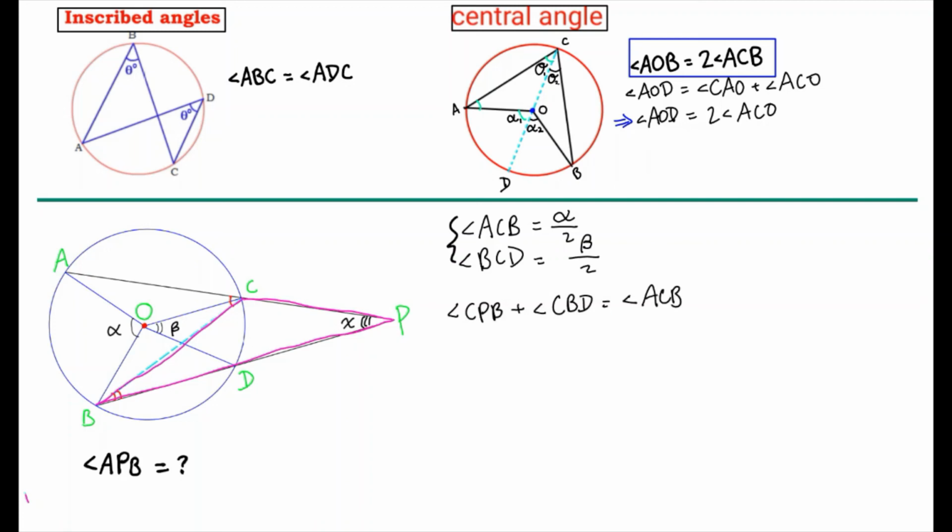Well, since we already know these two angles, that means that CPB is equal to alpha divided by 2 minus beta divided by 2. And there you go.